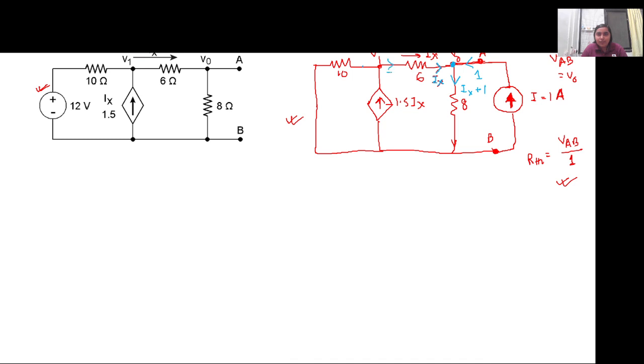Ix current is flowing out, 1.5 Ix current is flowing in, so the current is 0.5 Ix in this particular direction, right? So we have the branch currents for all of this. Now we can apply KVL across this bigger loop, right?